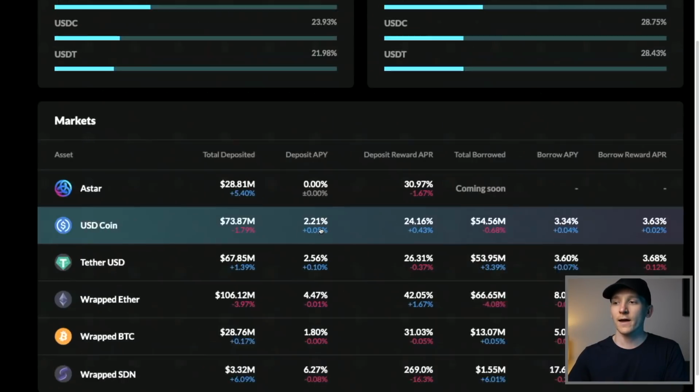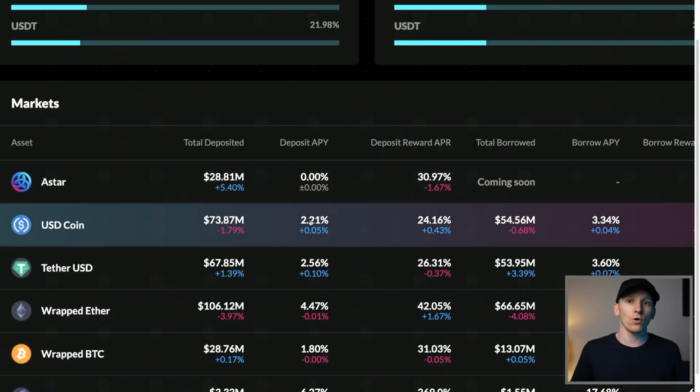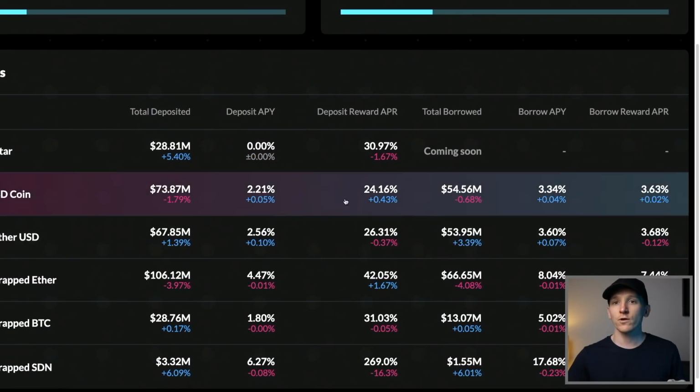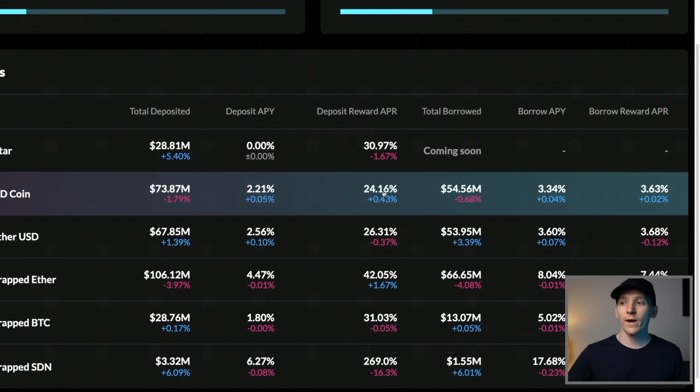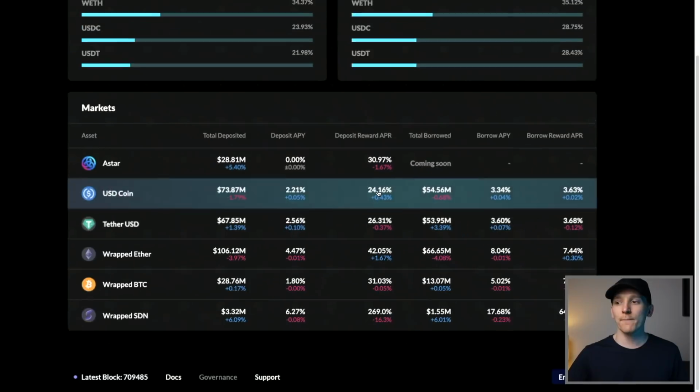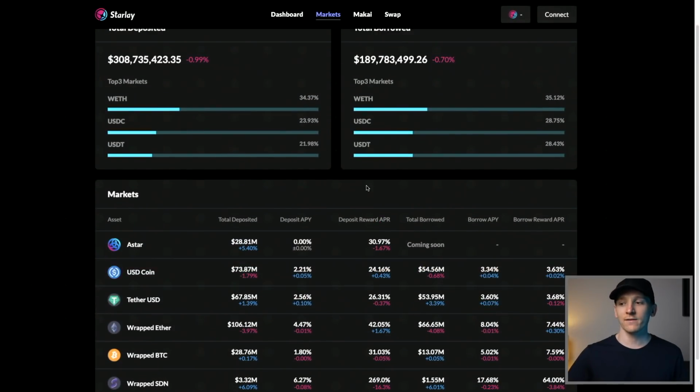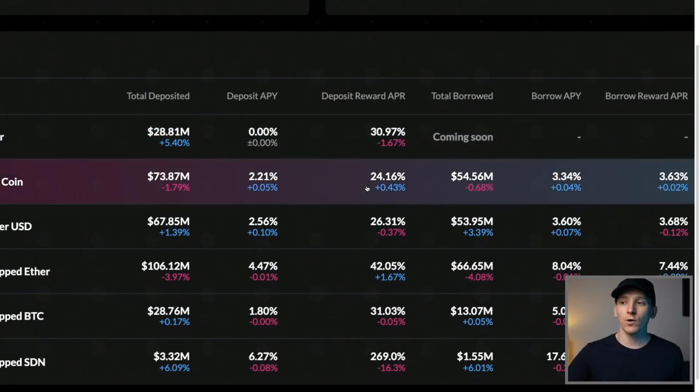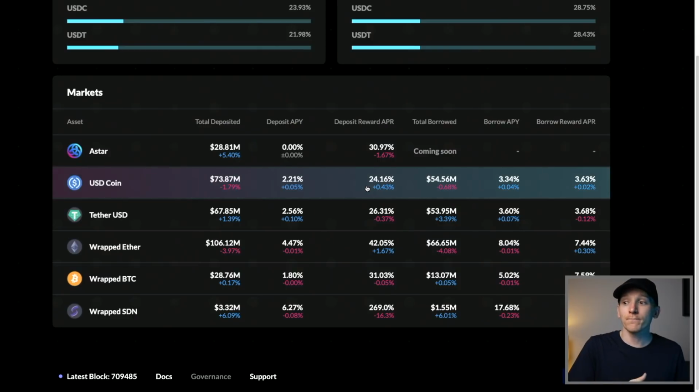You can see the deposit APY is 2.2%, not very good, but the deposit reward on the right hand side, 24%. Now you get paid that in Yearn.finance tokens, which obviously you might not want. You might want to just keep them and see if they go up in value, or what most people will do is just put USD Coin onto the platform, get this what is almost 27% yield, right?